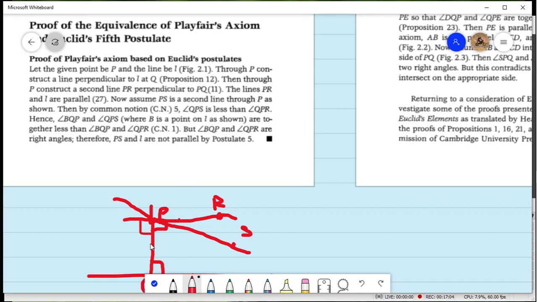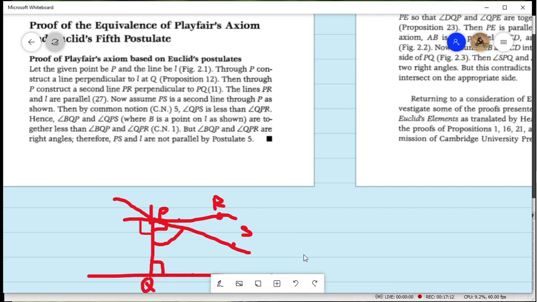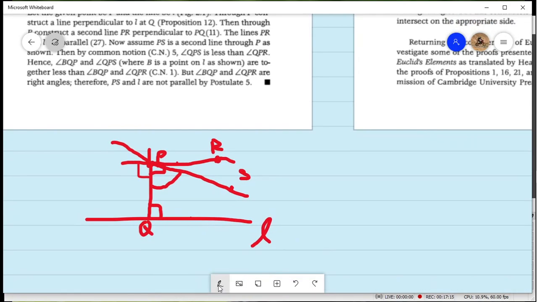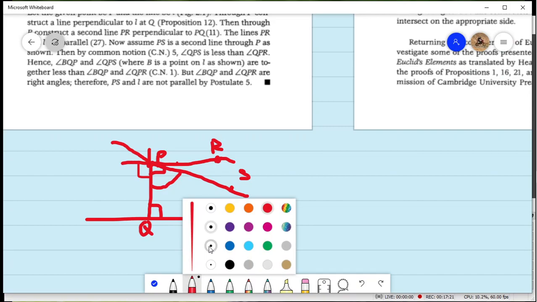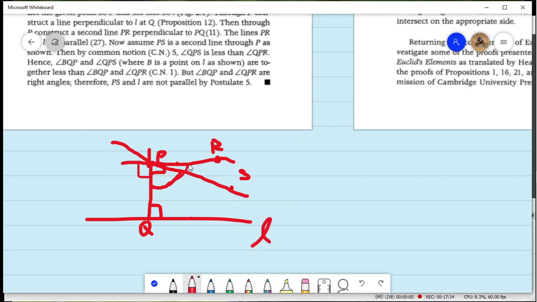Angle QPS, this angle, must be less than QPR. Since this whole angle QPR, this right angle, is the whole and QPS is just a part of it, this angle must be less than this angle here.